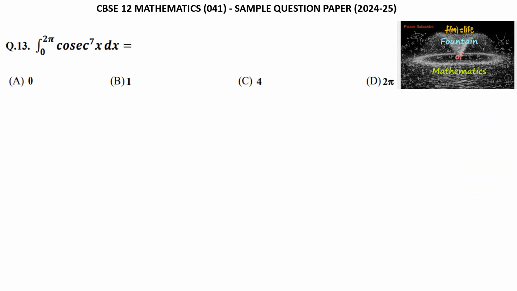We need to find the integral from 0 to 2 pi of cosecant power 7 x dx. So let us consider f of x is equal to cosecant power 7x.